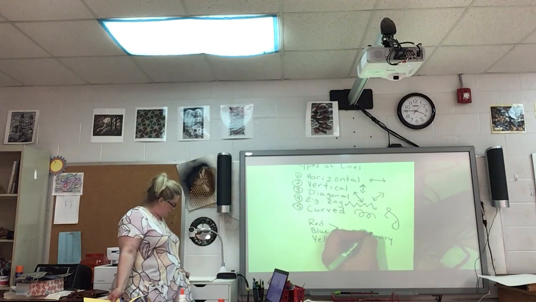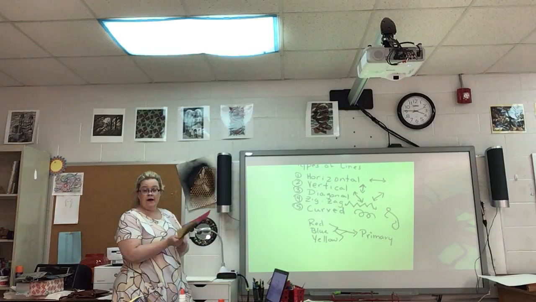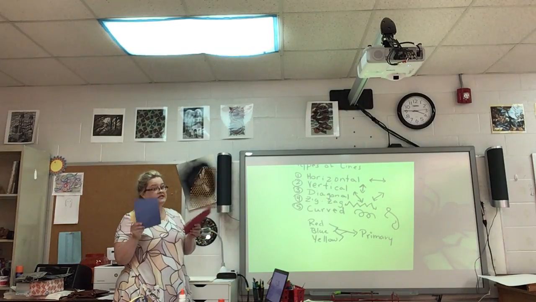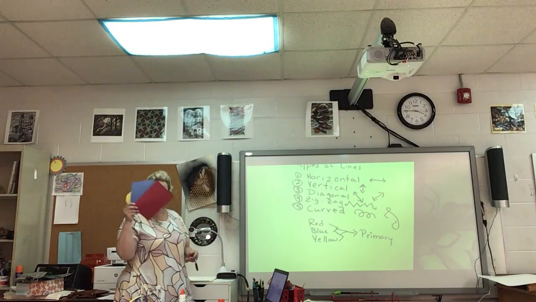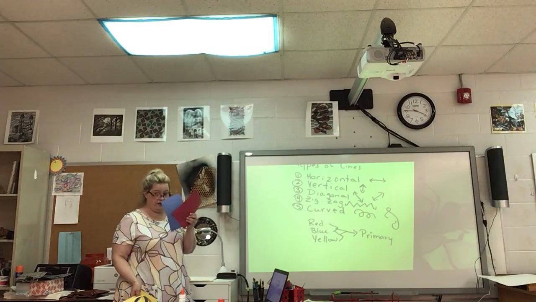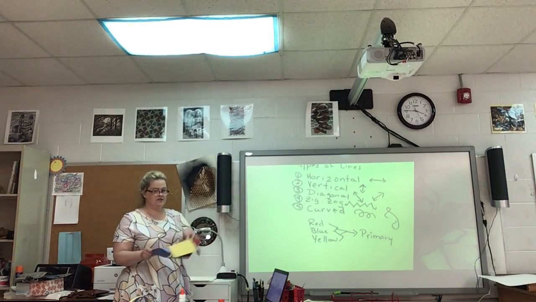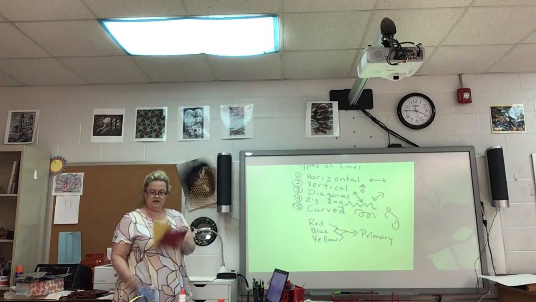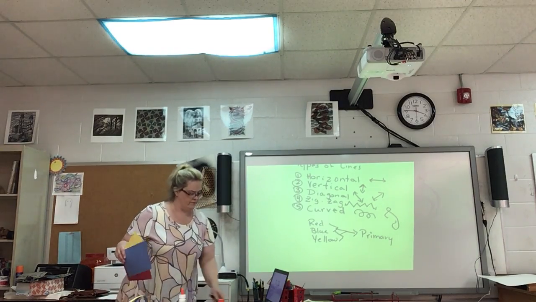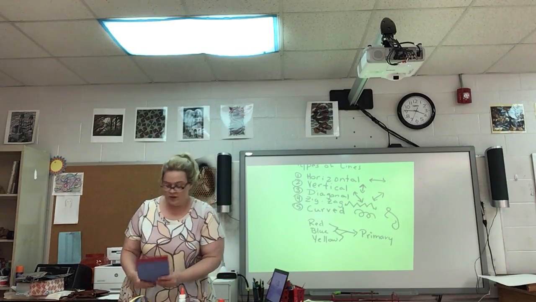What's so special about primary colors? That's right. You cannot mix these 3 colors. It takes these 3 colors to mix to make other colors. If we took these 2, we would get violet or purple. Took these 2, we would get green. And if we took these 2, we would get orange, and that made secondary. But we're not going to worry about that. We're just really thinking out of the box right now.